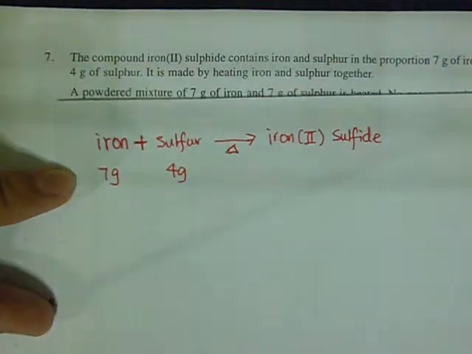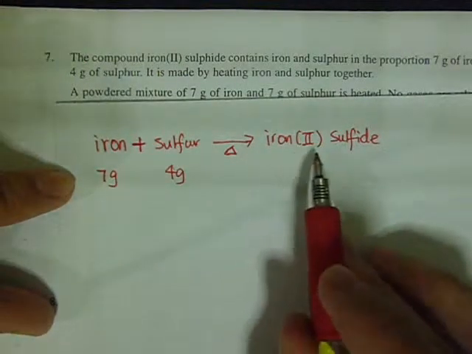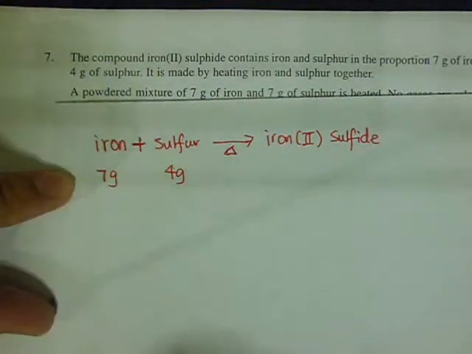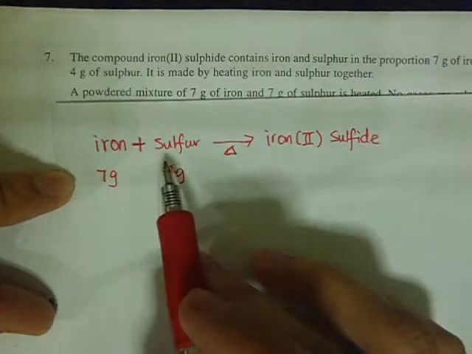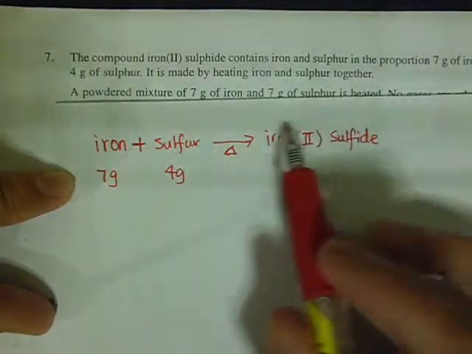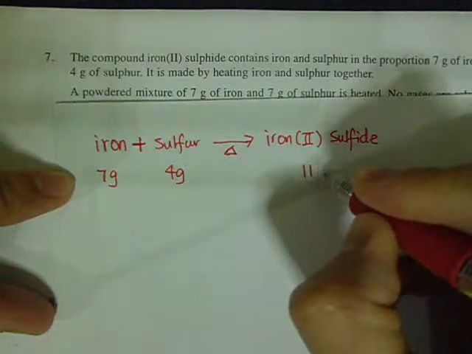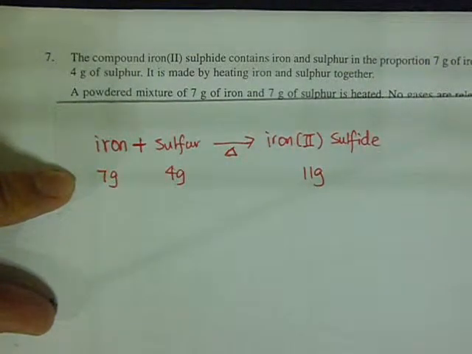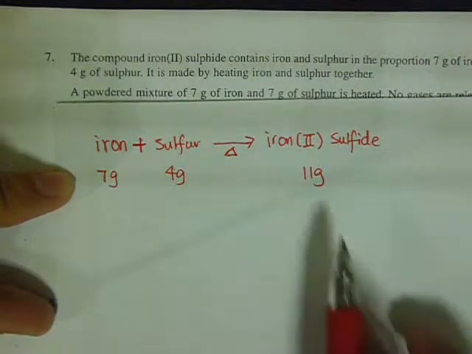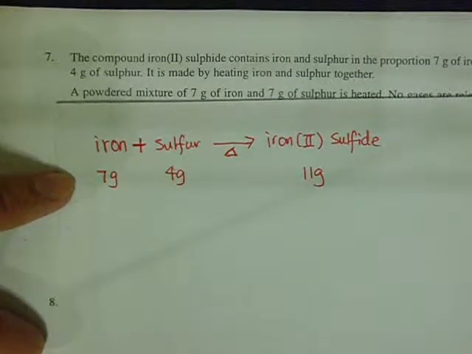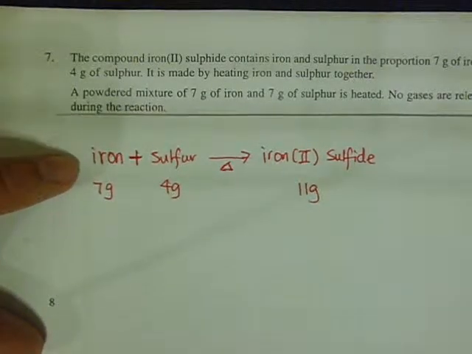When they combine together, there should not be any loss in mass because iron sulfide is the only product. So your iron sulfide should weigh 11 gram, which is 7 plus 4 gram. You'll get 11 gram.